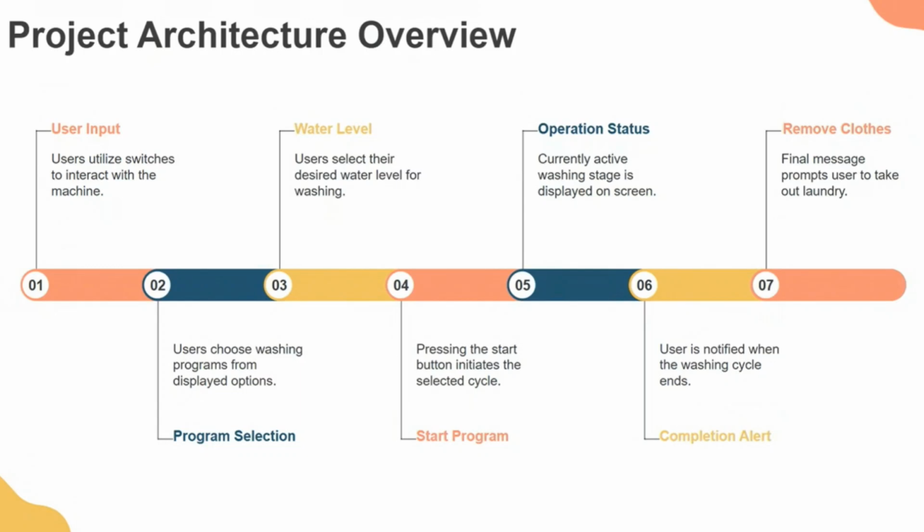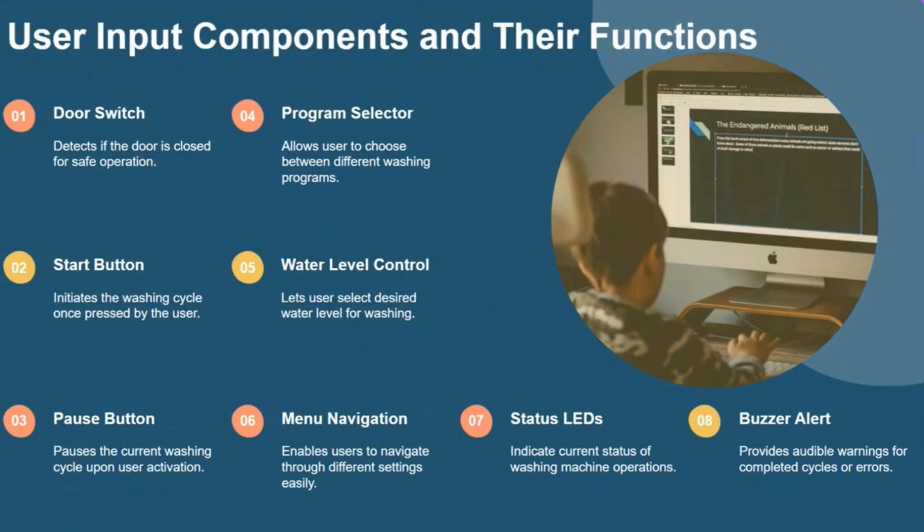Start program: pressing the start button initializes the selected cycle. Operation status: the currently active washing stage is displayed on the screen. Completion alert: the user is notified when the washing machine cycle ends. Remove clothes: this is the final message after completion of the washing machine program.